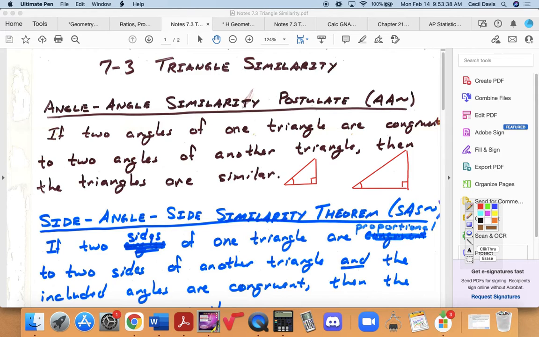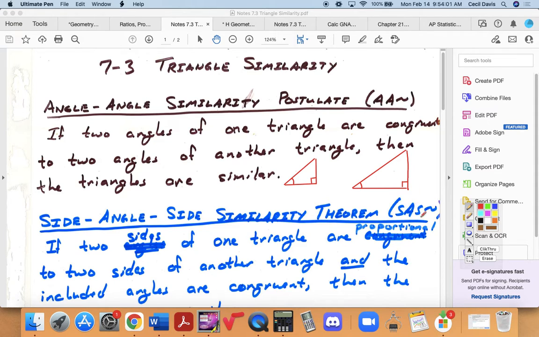So that would be an example of angle-angle similarity. With triangles, you only need to prove that two pairs of angles are congruent. That's a lot less than proving all three pairs of angles are congruent and all three pairs of sides are proportional. You just need two out of the three angles.